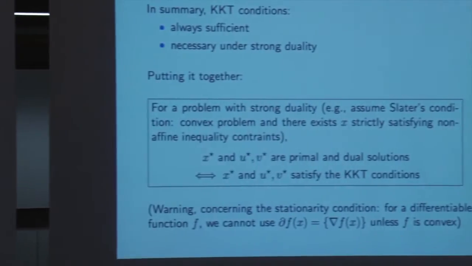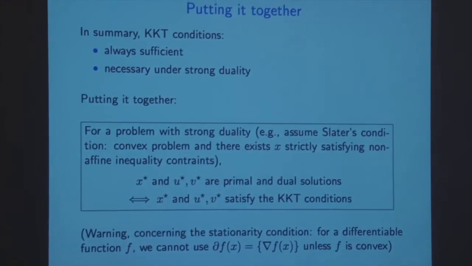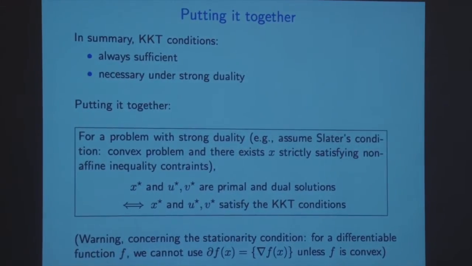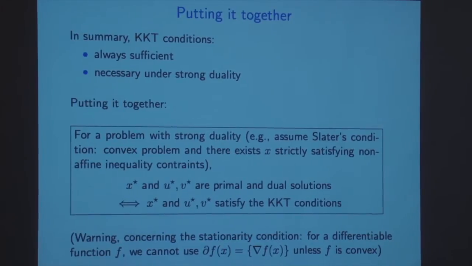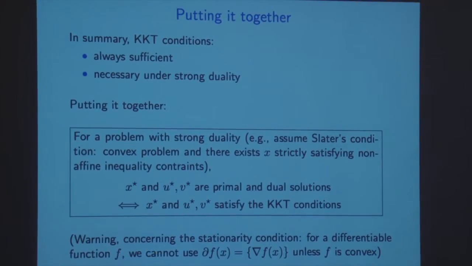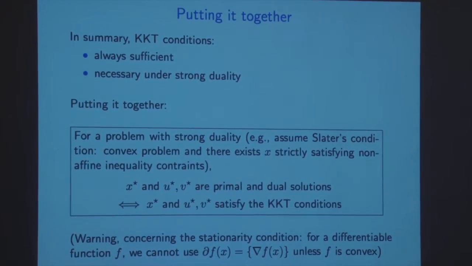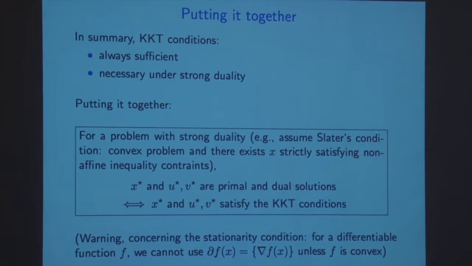So what did we learn? The KKT conditions are always sufficient. So any problem you write down, convex or not, they are always sufficient. Which means that if you satisfy the KKT conditions, you have a primal solution and a dual solution.